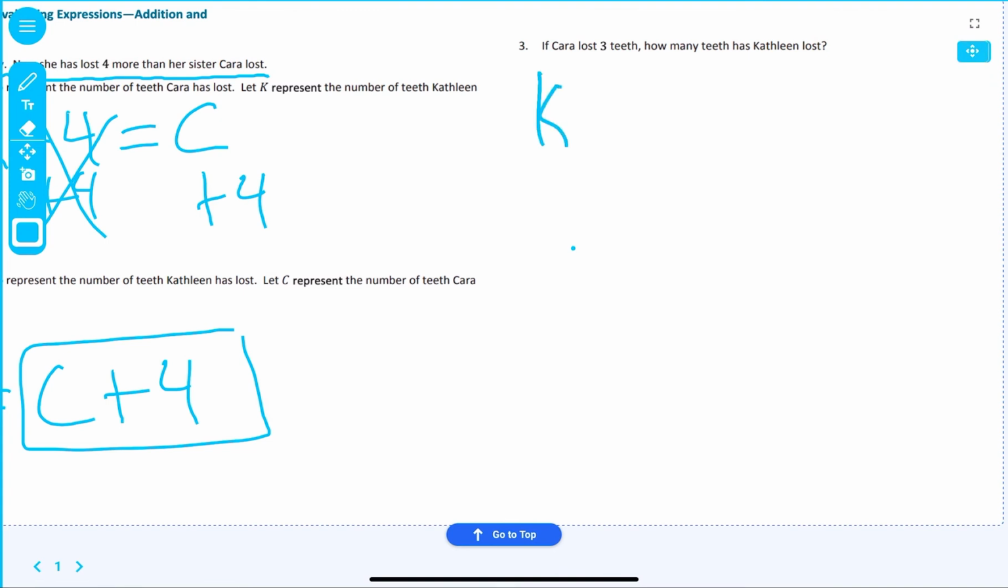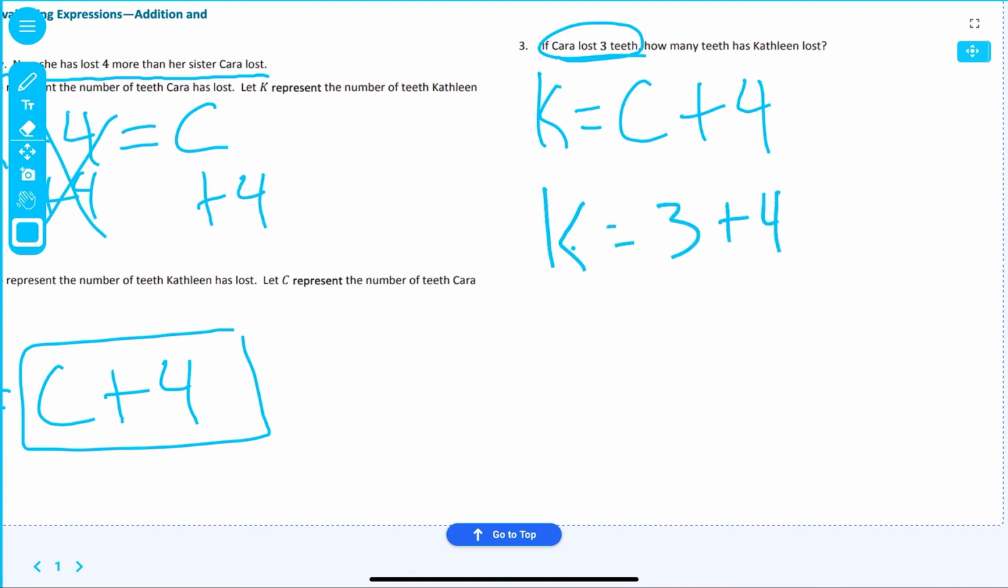So we know that Kathleen is equal to C plus 4. Well, C is 3. So we're going to say K is equal to 3 plus 4. K equals 7. Kathleen has lost 7 teeth. Okay?